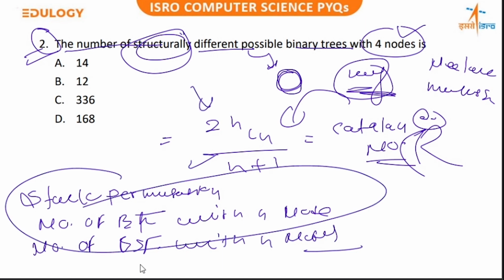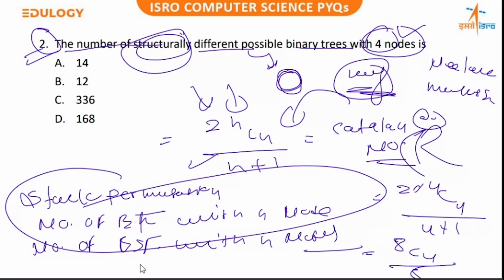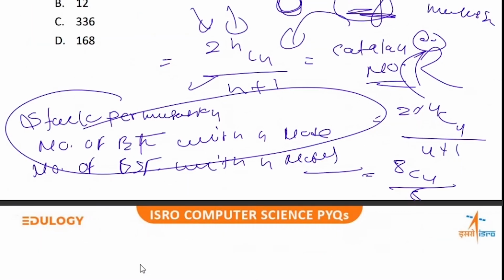So now in place of n you can put 4 and you can easily calculate: 2 into 4, which is 8C4, divided by 4 plus 1, which is 5. Now I think you guys already know the formula of nCr.